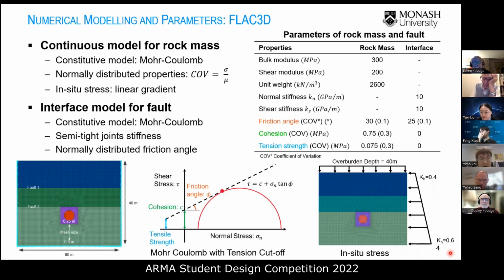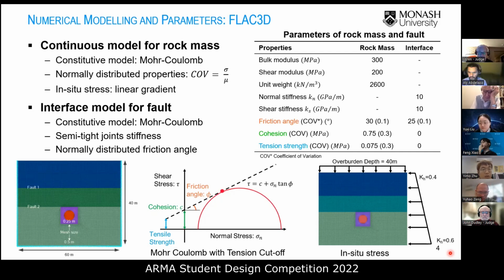What's more, we have tested the effect of KH. We tested KH constant at 0.4 or 0.6, and it has little effect on the final result. We assume that just because we want to be consistent with the given condition of this problem statement. Okay.